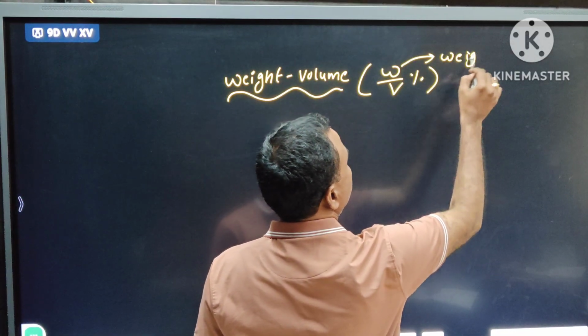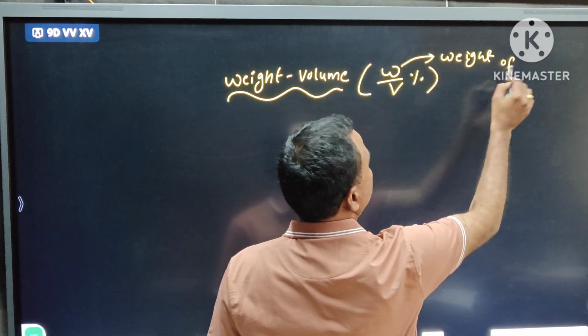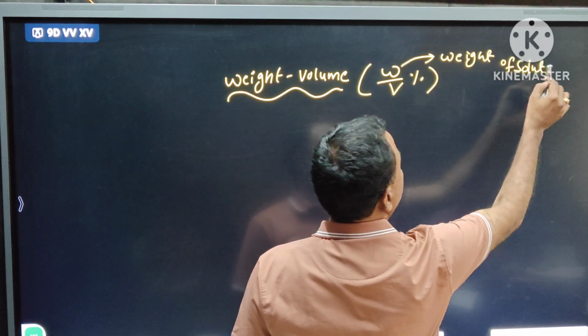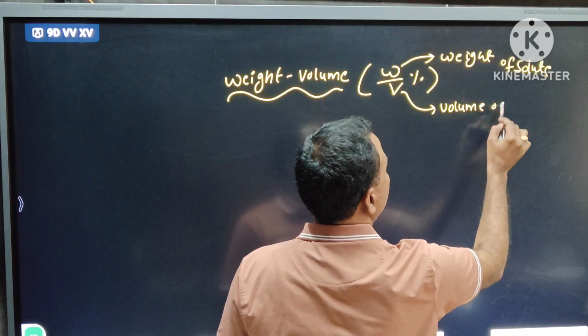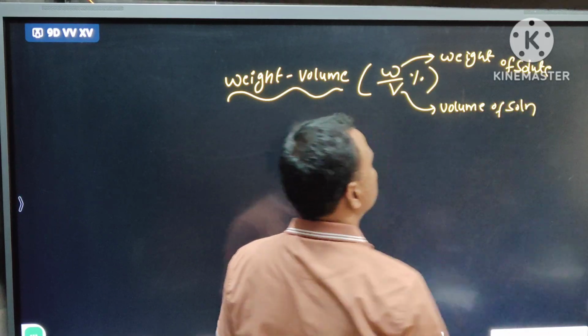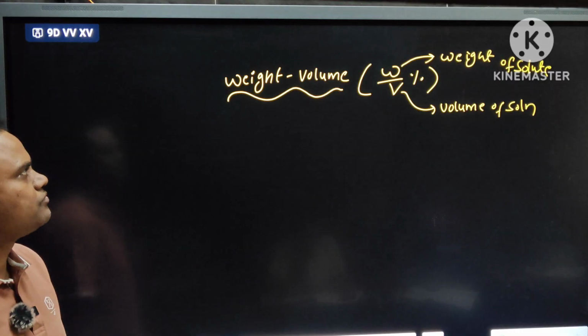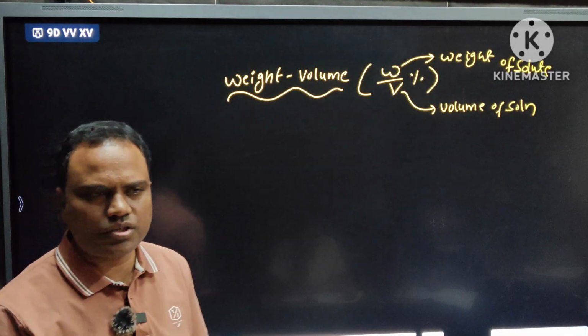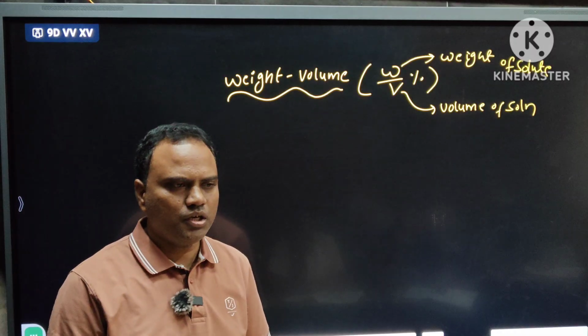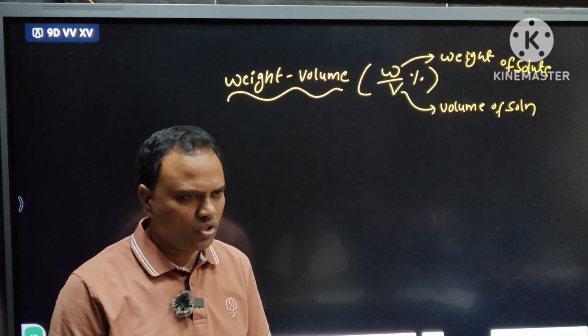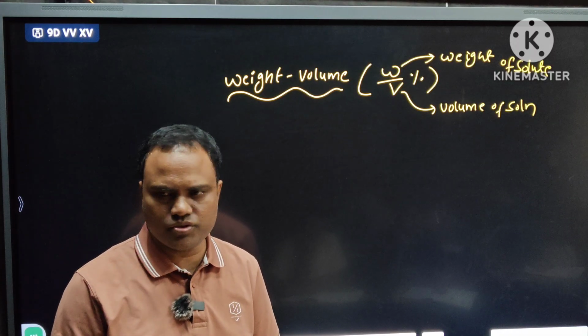This represents the weight of solute, and this represents the volume of solution. Next concentration term, weight volume. W by V: W represents the weight of solute, V represents the volume of solution.